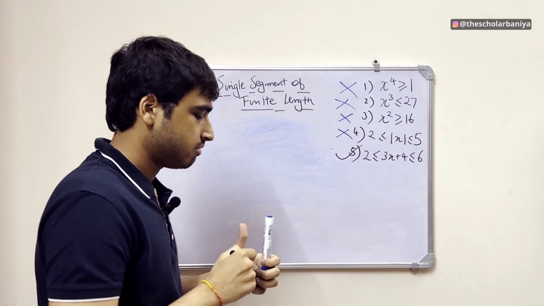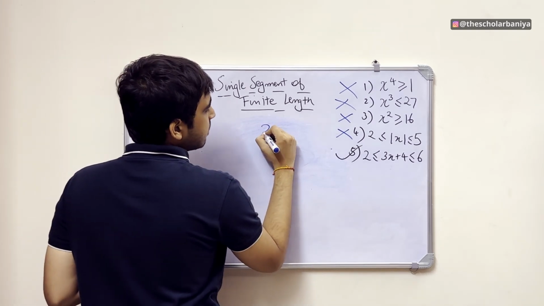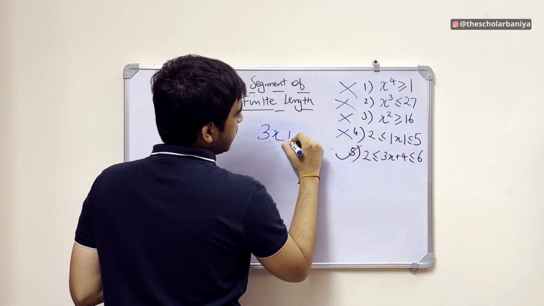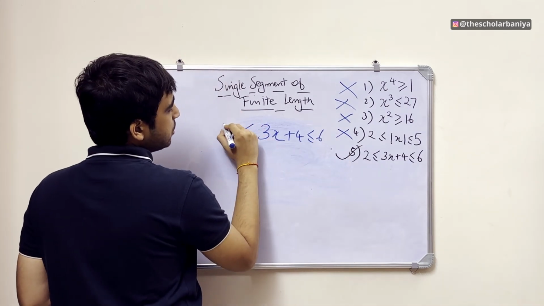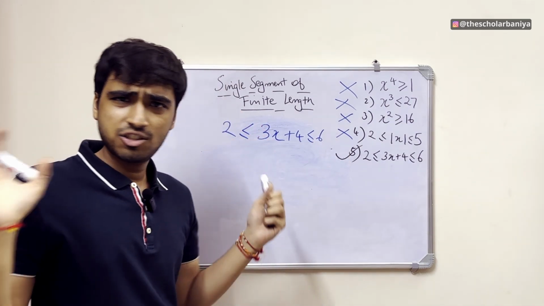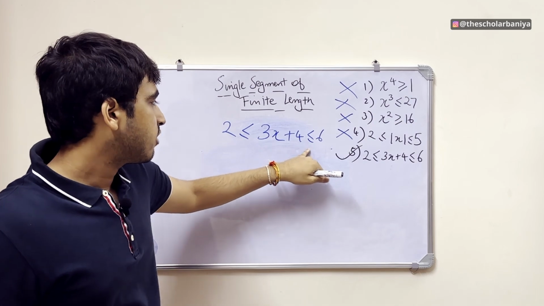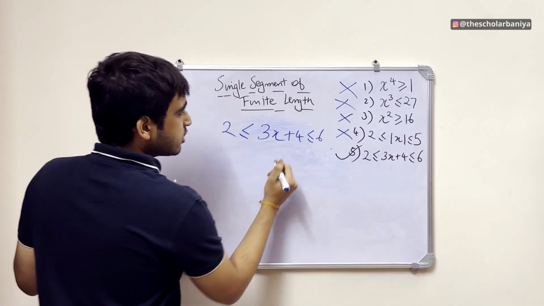But how? Let's see. It's given that 6 is greater than or equal to 3x plus 4, which is greater than or equal to 2, right? So let's just solve this. Let's subtract 4 from all the sides.